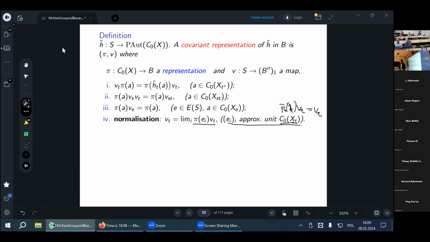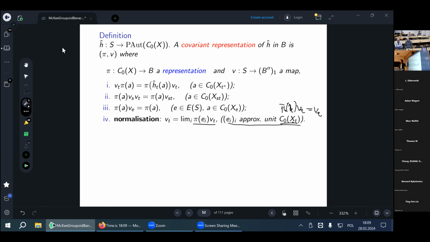So just to reiterate, these are representations which know about the inverse semigroup data. And what I want to show you is that our representations of the groupoid Banach algebra I defined before will have to have this form.